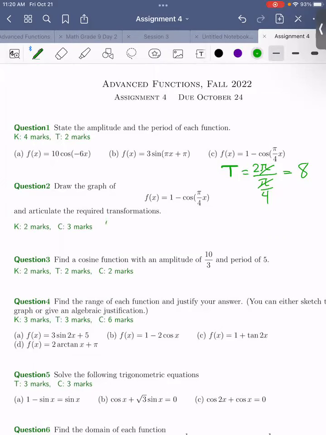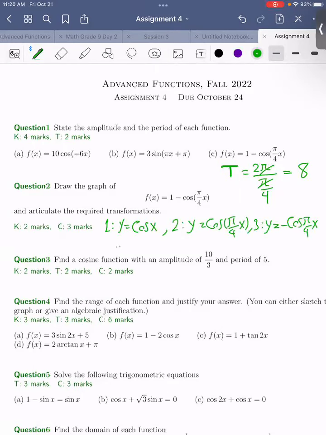So we can do it like this. First, y is equal to cosine of x. Then y is equal to cosine of pi over 4 times x. Then third, y is equal to minus cosine of pi over 4 times x.